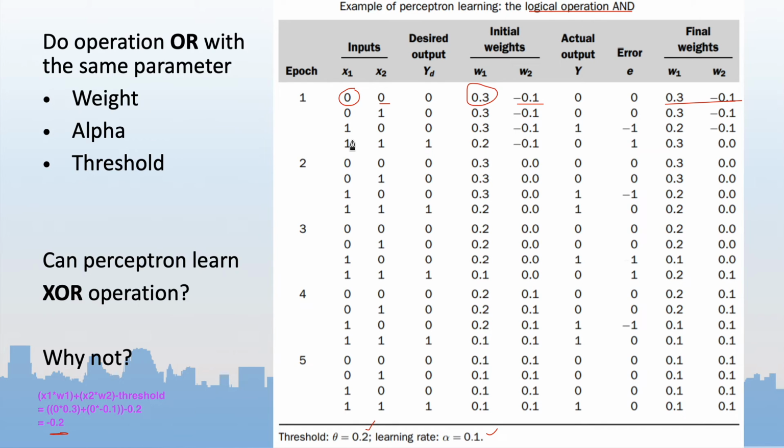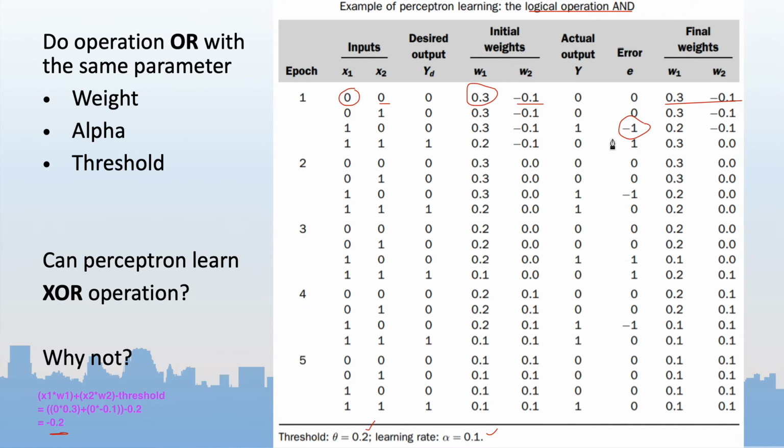Next we will look at the third combination, which is 1 and 0, and this error is negative 1. Once we have an error, we need to update the final weights. So how do we calculate the final weights?